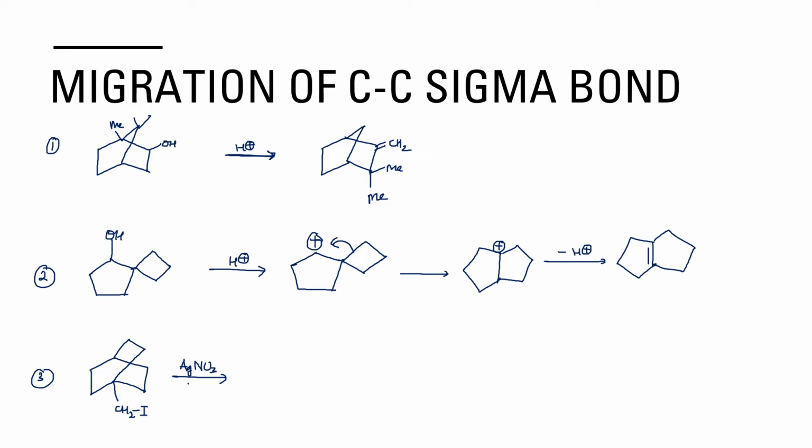Now AgNO3 is like a thief. It will try to remove a halogen wherever it is attached. So it is going to bind itself to iodine and remove it as AgI, which will create a carbocation at the carbon atom which is CH2. And we will get something like this, CH2 plus.